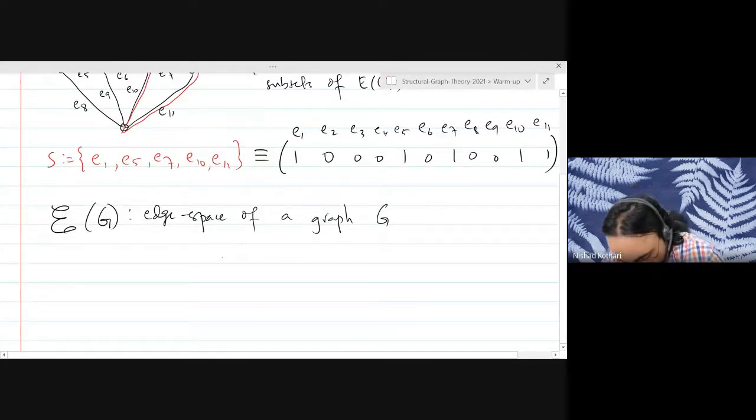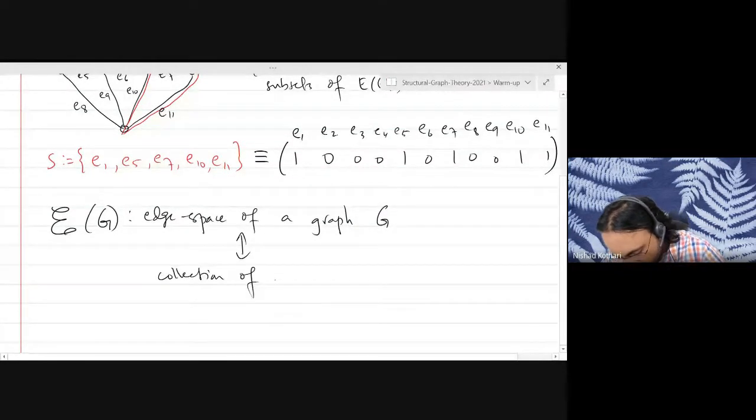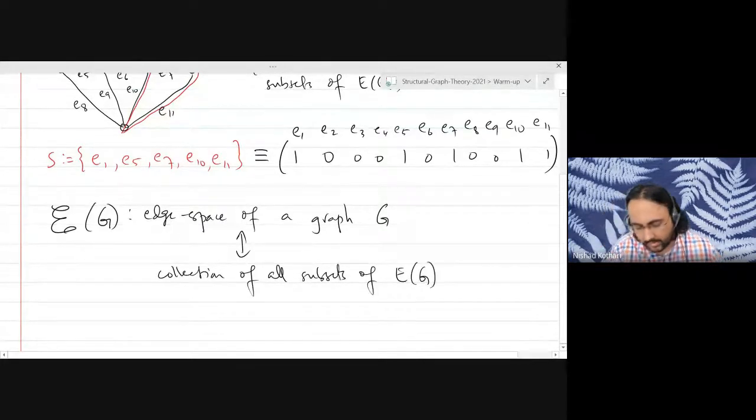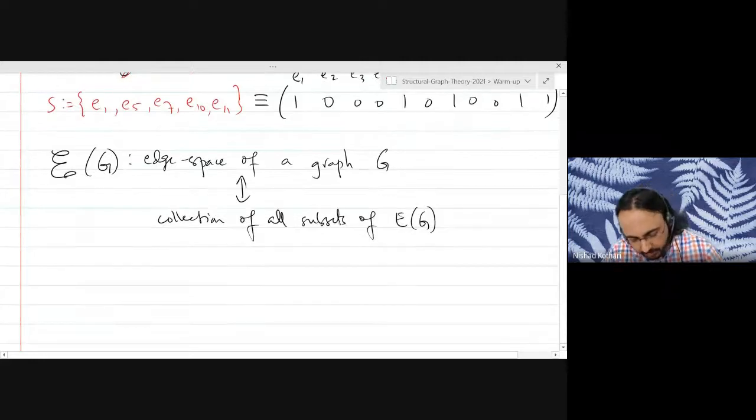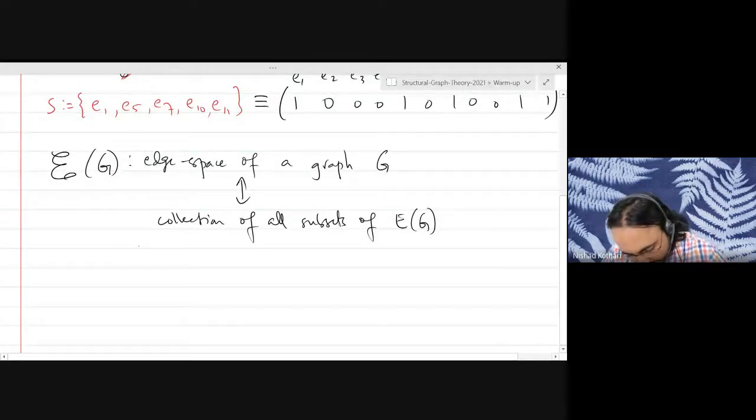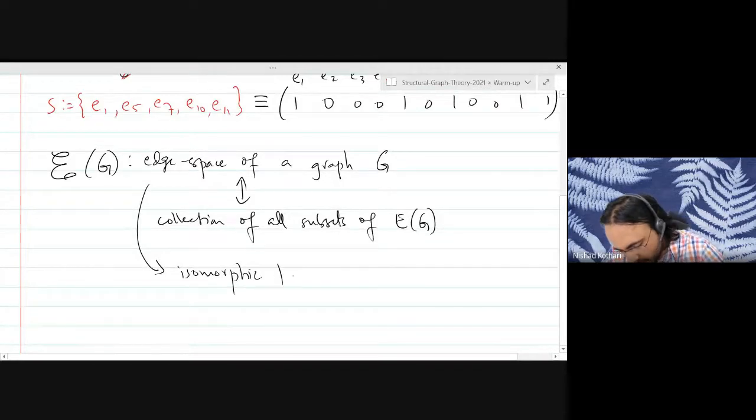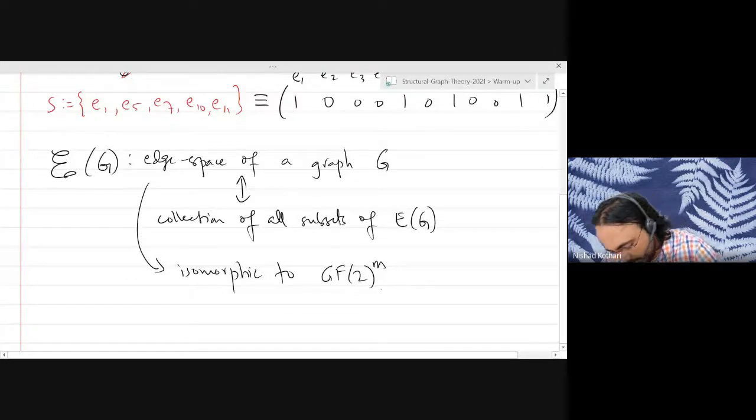So it's a collection of all subsets of the edge set of a graph, and it is isomorphic in the algebraic sense to GF2 in m dimensions, where m is the number of edges of the graph.